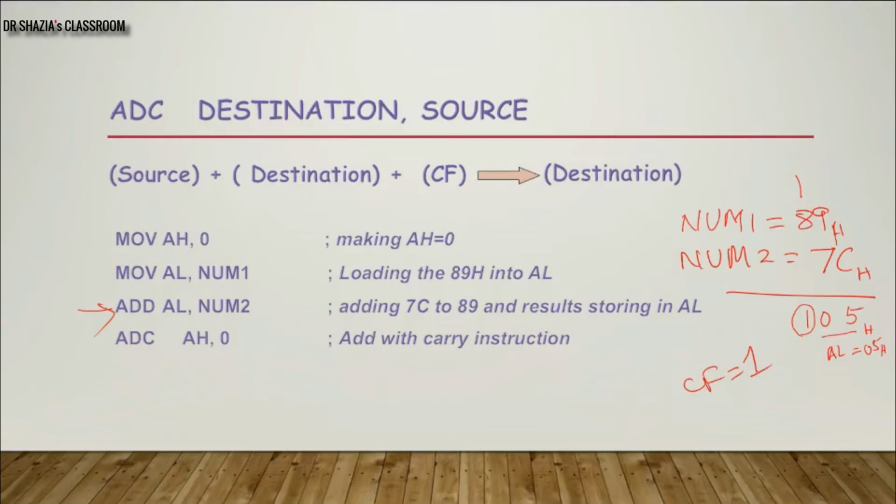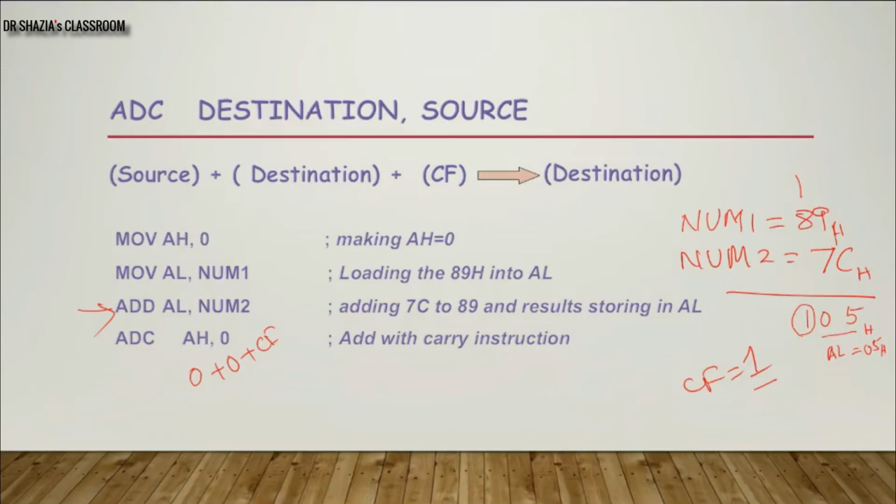It will add the content of AH with 0 and the carry flag. I have already initialized AH to be 0. So actually I am writing 0 plus 0 plus the content of the carry flag, and that will be stored in the AH register. That means I am adding 0 plus 0 plus 1, which is generated by the previous addition.